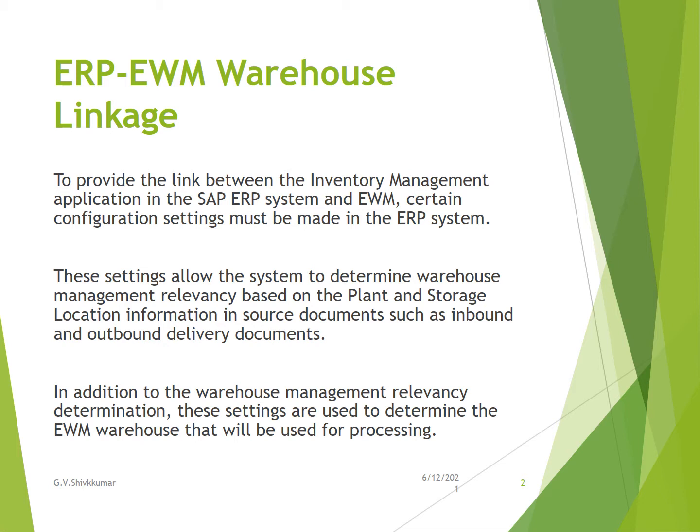So these are the documents which carry the data between ERP and EWM. In addition to the warehouse management relevancy, these settings are used to determine the EWM warehouse that will be used for the processing.